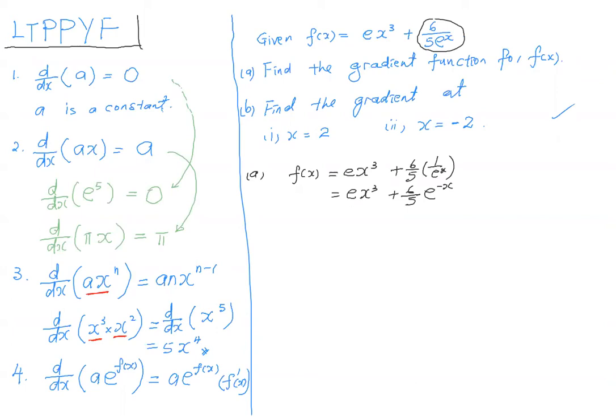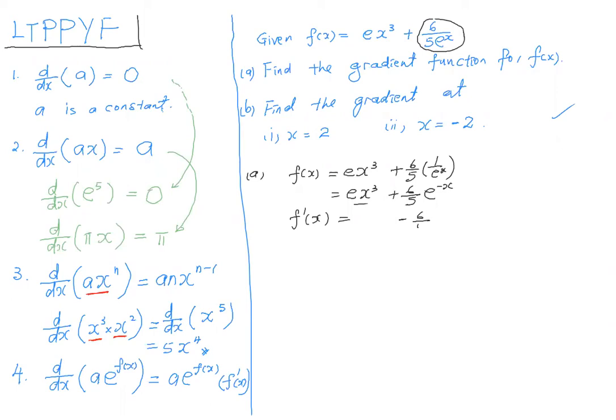Yes, Miss. Okay. So can you tell me what is the derivative for the first term? What is the rate of change of the first term? -6/5 e^(-x). Okay, this one is correct.